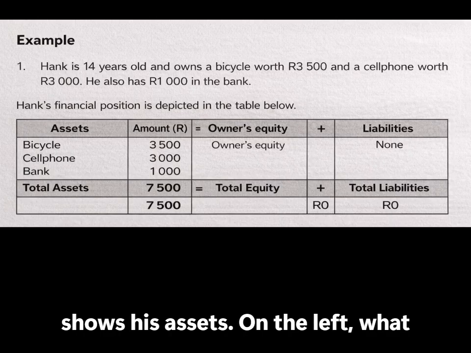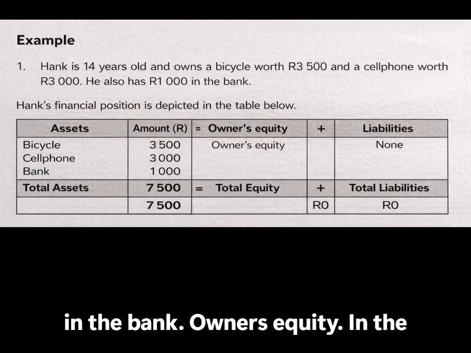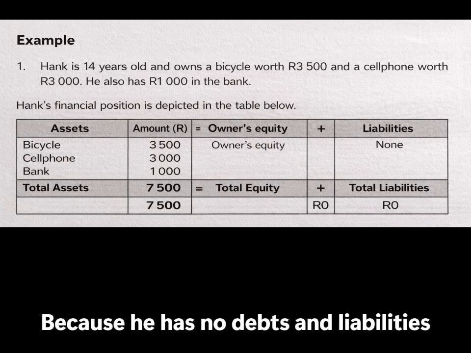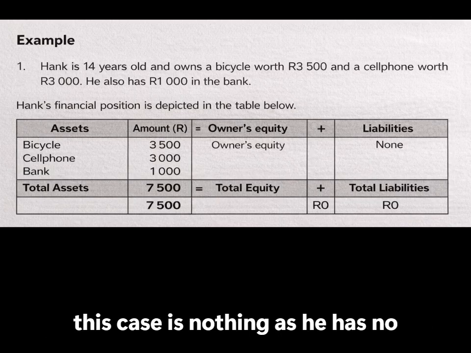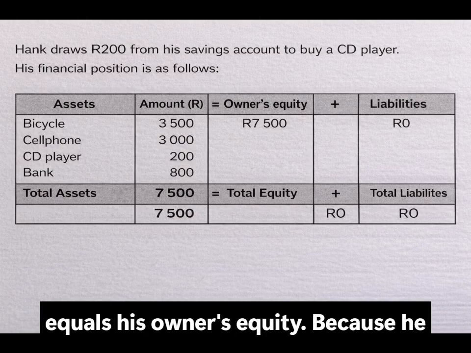It shows his assets on the left, what he owns: bicycle, cell phone, and money in the bank. Owner's equity in the middle, the total worth of Hank's assets because he has no debts, and liabilities on the right, what he owes, which in this case is nothing, as he has no debts. The total value of Hank's assets equals his owner's equity, because he owes nothing.